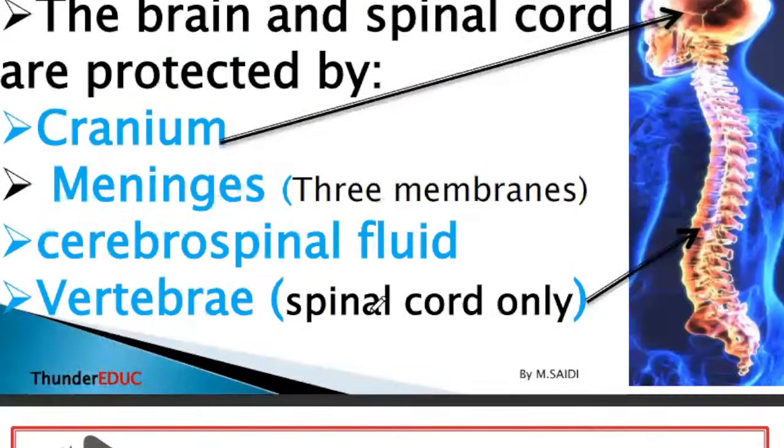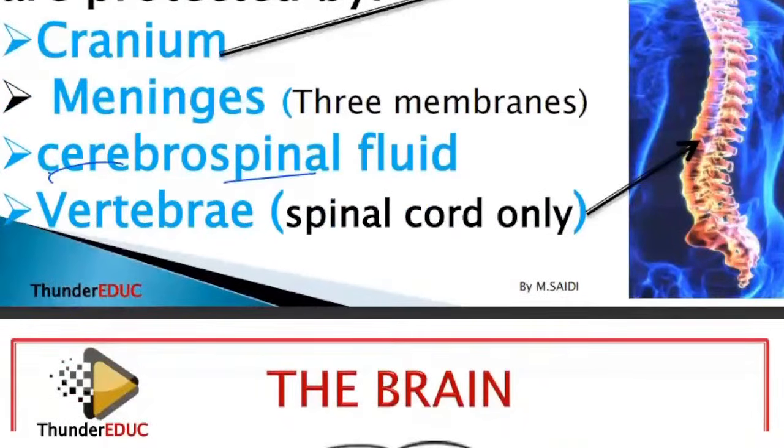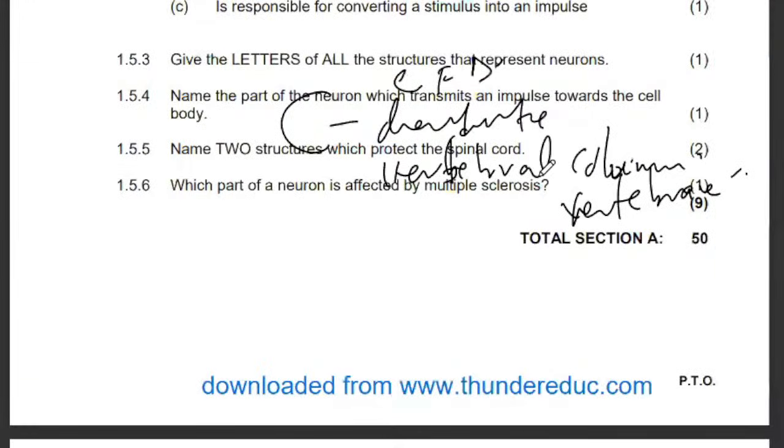Here is the vertebrae, the spinal cord only, and then the cerebrospinal fluid. This cerebrospinal fluid is being protected by the brain, and that's why it's called cerebrospinal. It has the brain and then the spinal cord. So basically those are the two structures which protect the spinal cord.